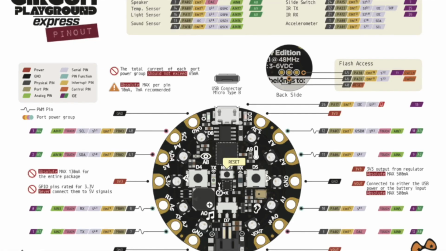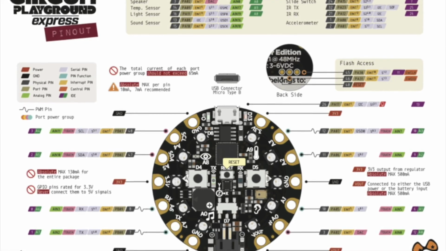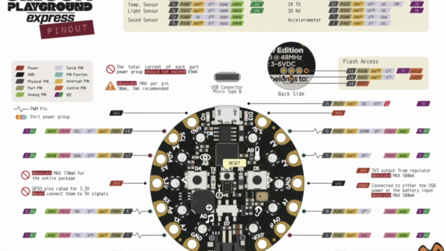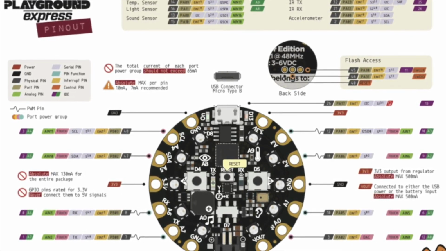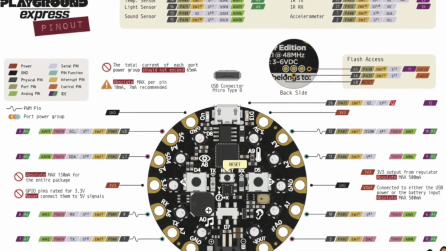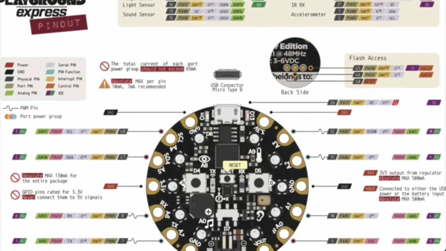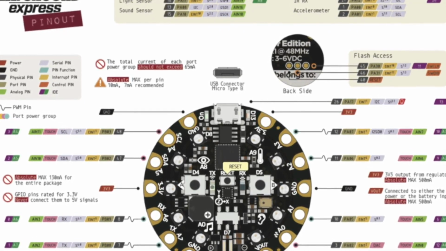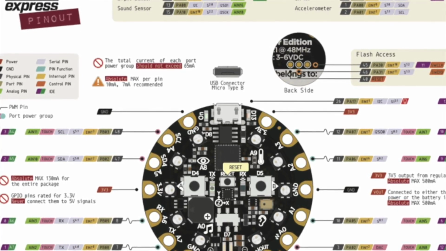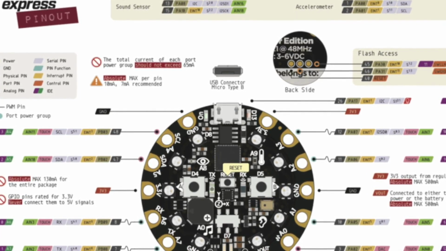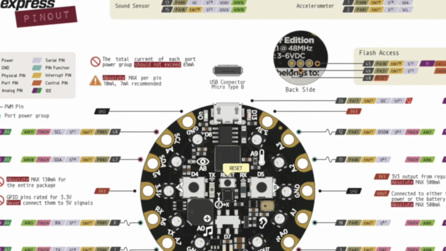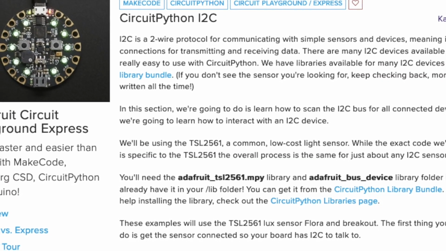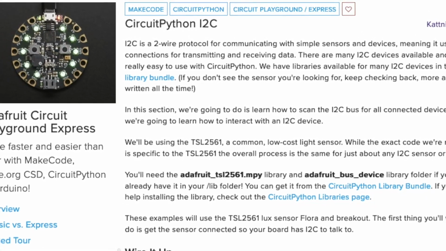If you look closely at the pinout map, you'll see that SCL on the Circuit Playground Express is pin A4/48, and SDA is pin A5/47. Knowing this, you can control just about any sensor or device that speaks I2C. If you're wondering if your sensor speaks I2C, it should say it on its spec sheet. You can learn more about I2C here, including some code examples.